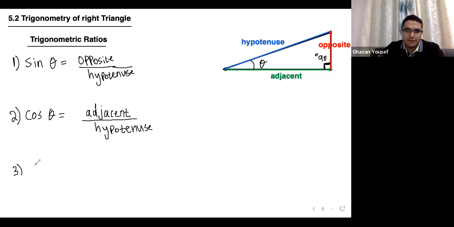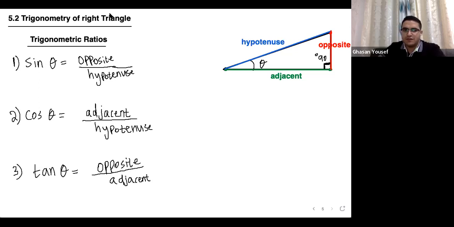The tan of theta equals the opposite over the adjacent.